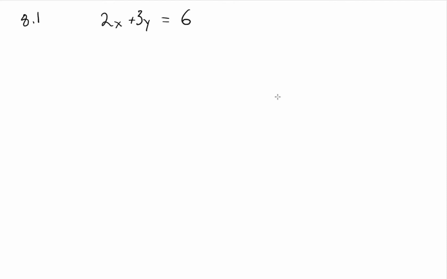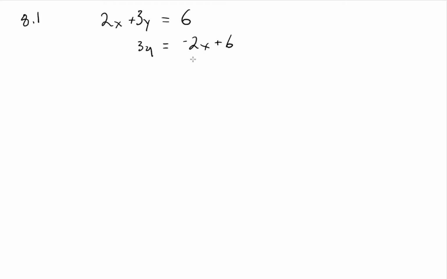We know that when we have an equation of the line that we need to solve for y first. So that's what we're going to do. We're going to change sides and change signs. So we're going to have 3y equals negative 2x plus 6.